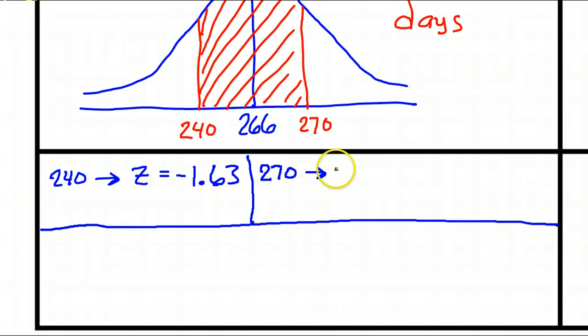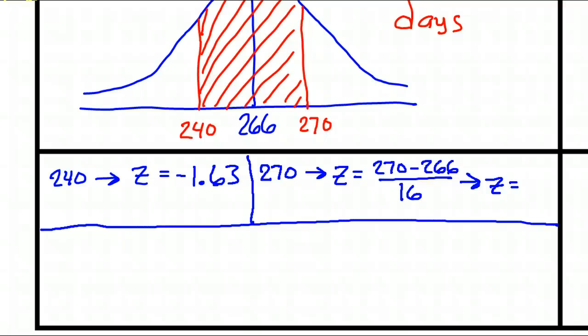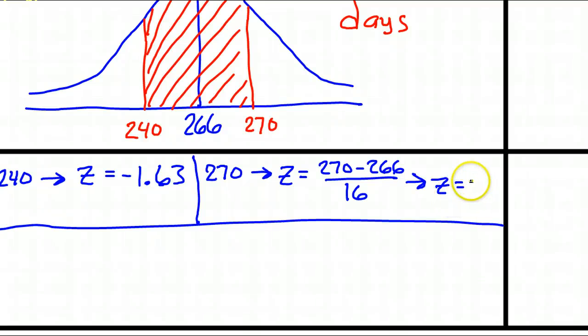My z-score should be 270 minus 266, divided by 16. I'm just going to put that in my calculator. I just got 0.25. So I have a z-score of 0.25.